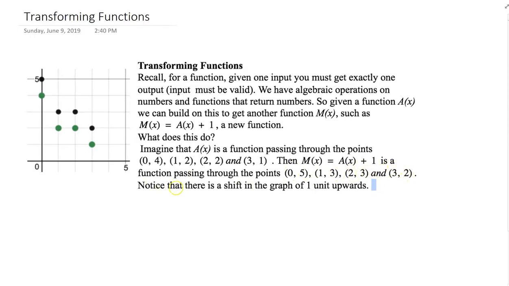Look what happens. Notice that there's a shift in the graph of 1 unit upwards, where the a of x points were the green dots and the m of x points were the black dots. Notice all the dots are shifted 1 unit upwards.